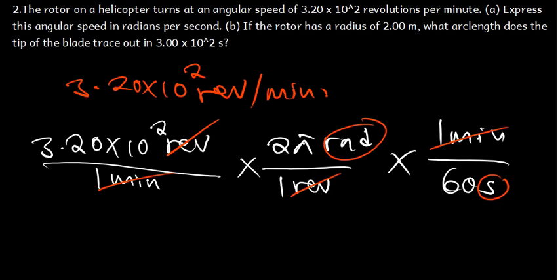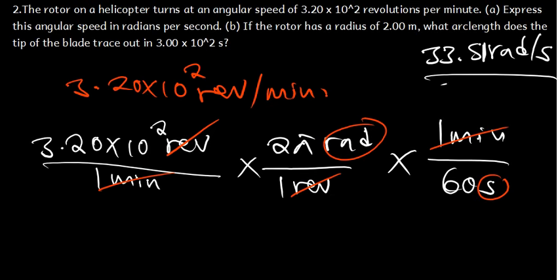Okay, so I'm going to have 3.20 times 10 to the power 2, then times 2 pi, and I'll divide this by 60. So I'm getting my speed to be 33.51 rad per second.